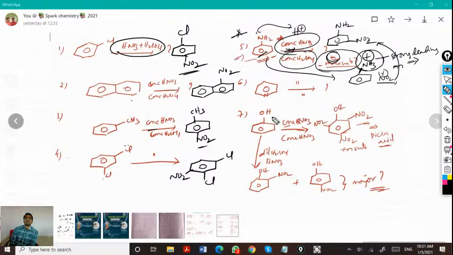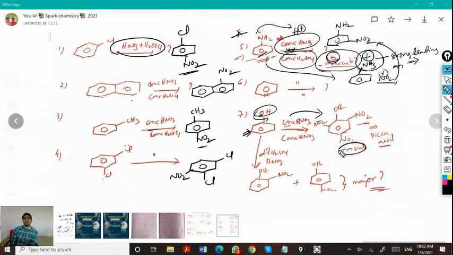So why not with phenol? Phenol is not that much of a Lewis base, so it will not abstract the H plus. It will activate the ring, as it is a strong activating group, so nitration is going to happen thrice.